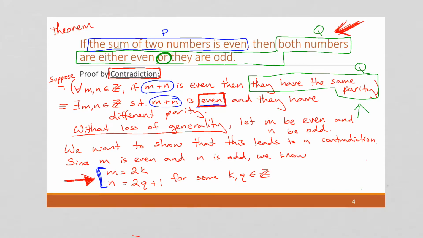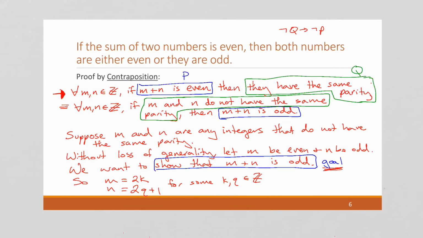But for proof by contraposition, we're going to start with m and n being the same exact things, but now our goal is to show that it's odd. And we already know we can do that. We did it before. So let's do it.